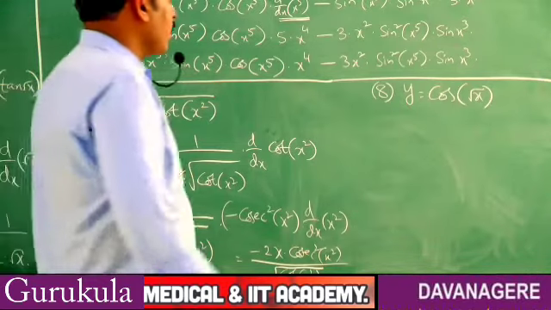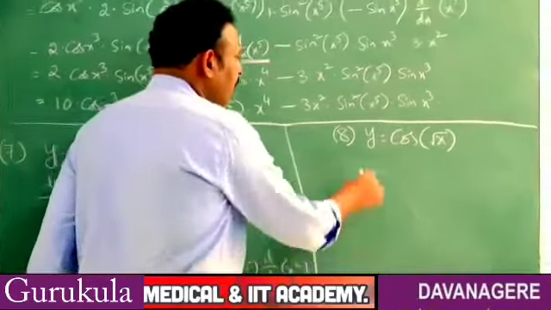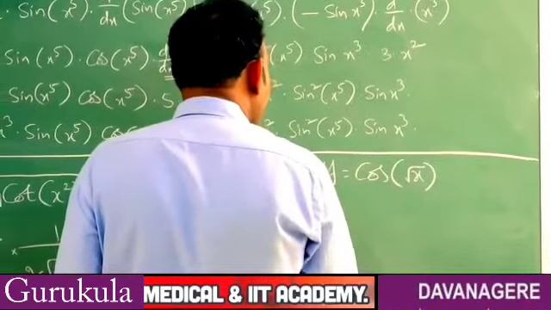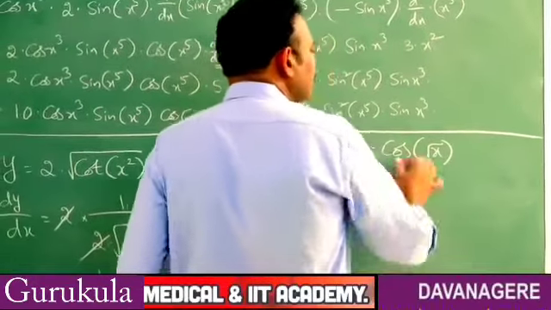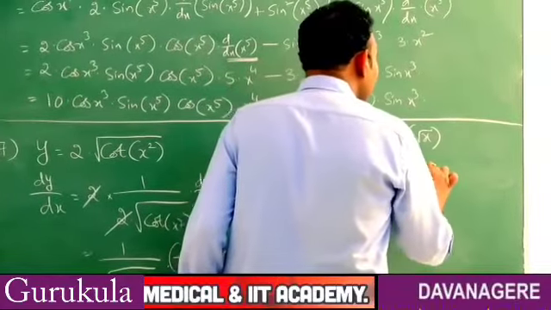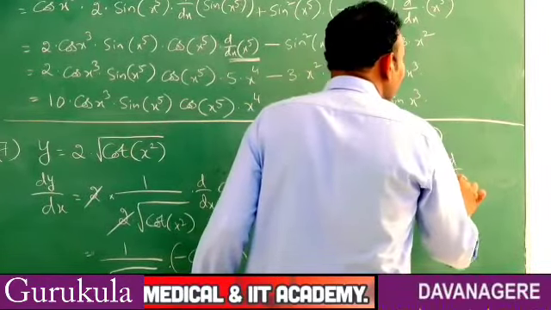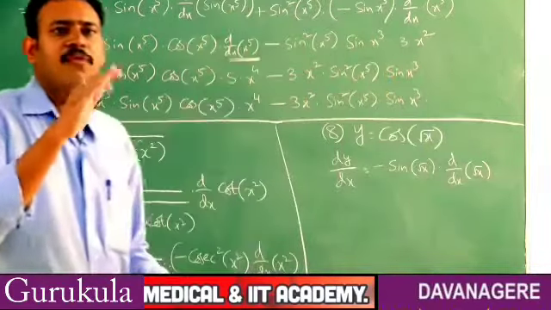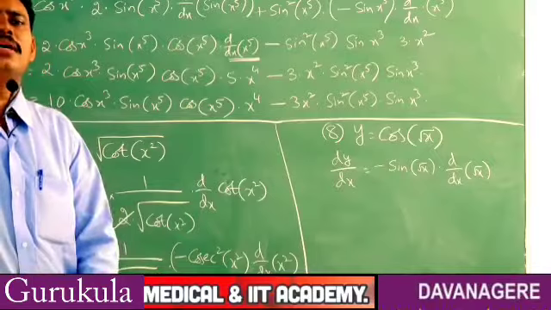Again, one more problem here. You see, y is equal to cos of root x. That is dy by dx is equal to derivative of cos x is minus sin x into dy by dx of root x.